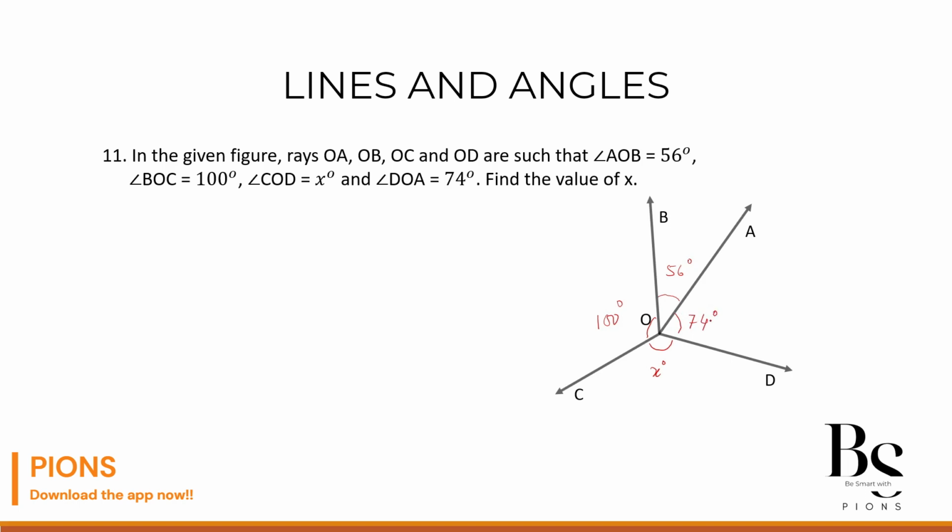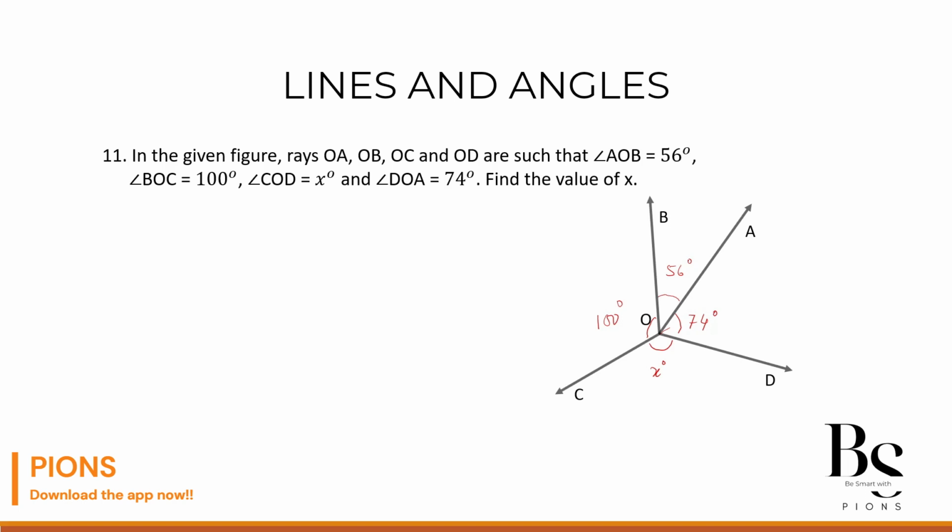We have to find the value of X. Now be very careful here. None of them is a straight line. If you look at O, none of them is a straight line, because this OC is supposed to go like this, that would be a straight line. So none of them is a straight line.